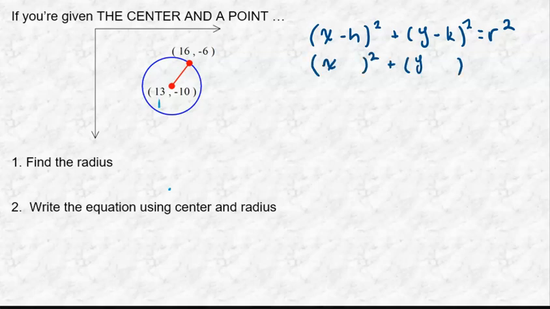So I have H and K right here, and I can plug them in for H and K. Please be mindful of the signs, or the negative and positive values of your numbers. That is y minus k. Placing -10 in for k makes that minus sign a positive. Now I need to find the radius.